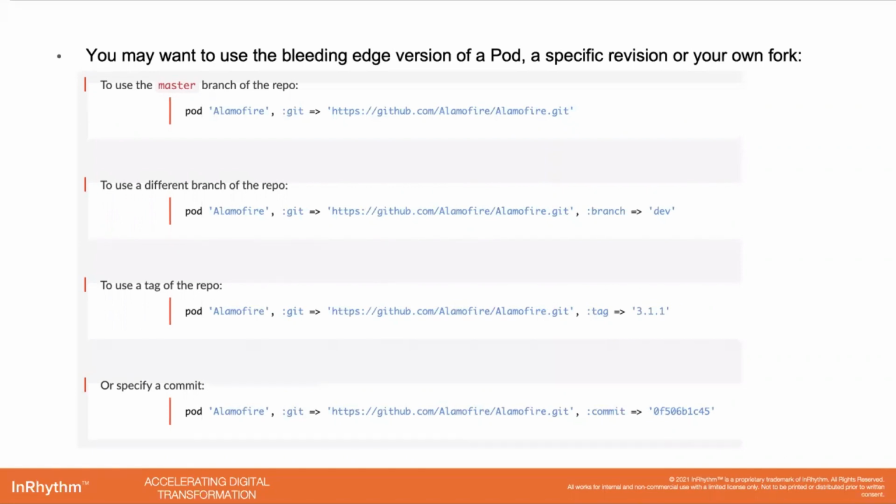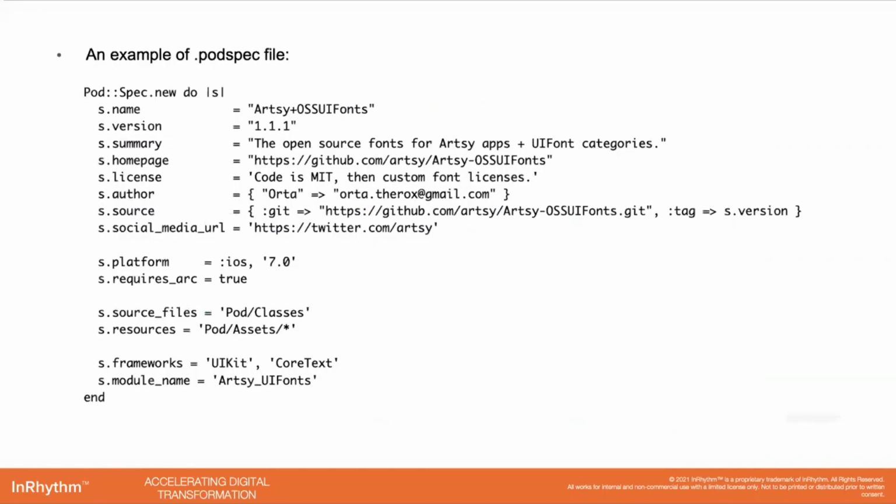I also wanted to show an example of a podspec file. A podspec file specifies which files will be added for the library which is going to be added to the project as a pod.